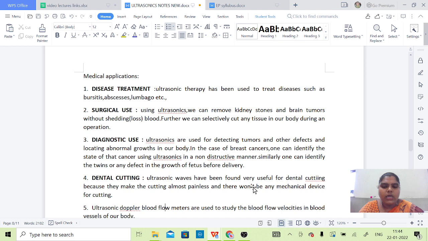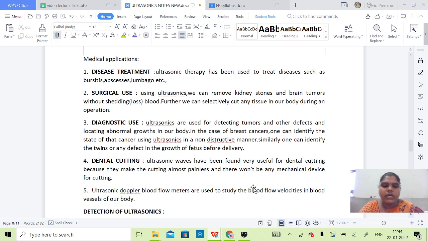Similarly, one can identify twins or any defect in the growth of a fetus before delivery. In breast cancer, if there is an abnormal growth, it can be destroyed using ultrasonic waves in a destructive manner. The growth of the baby in the womb can also be detected using this.